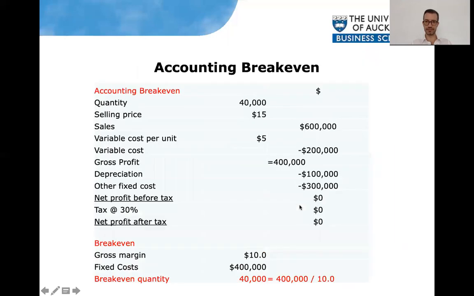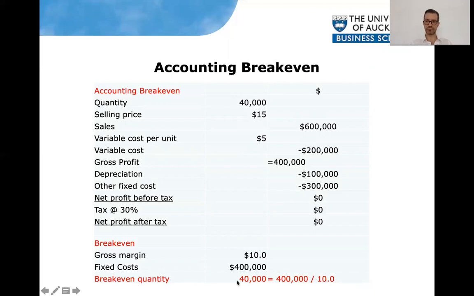So we do the exact same thing. In this case, I already solved it for you. What I've done is, first, gross profit per unit of $10, which is 15 minus 5. And then I take the total fixed costs, which is 400,000. I do 400,000 divided by 10, which is gross profit per unit.